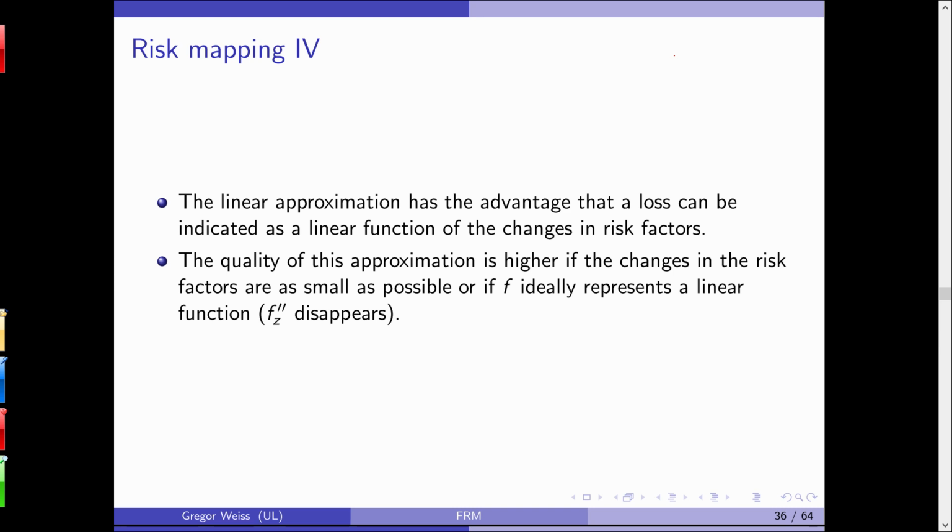However, the quality of this approximation is higher if the changes in the risk factors are as small as possible, or if, ideally, the second derivative vanishes. So the linear approximation is a good approximation if the function is not very curved.